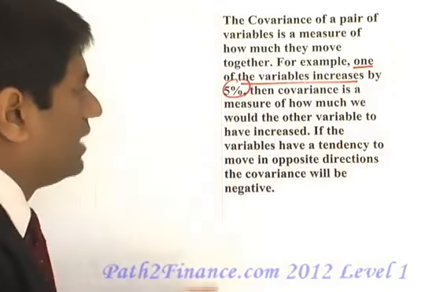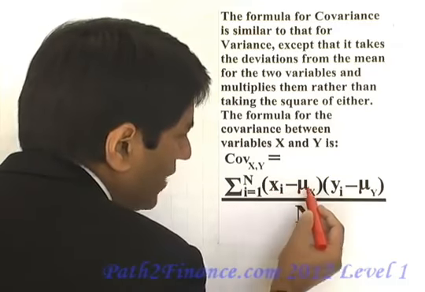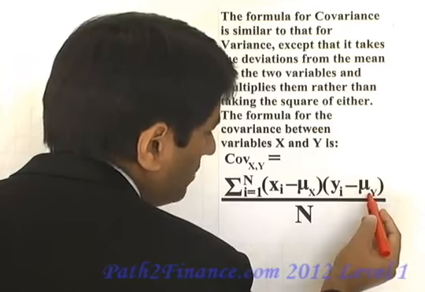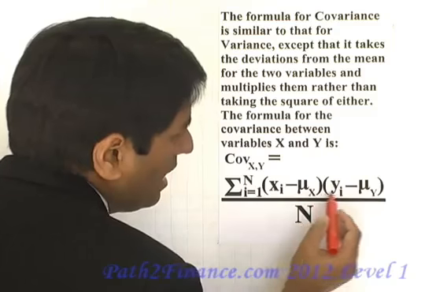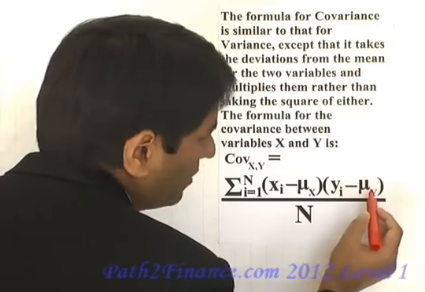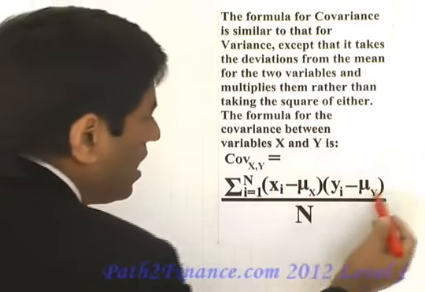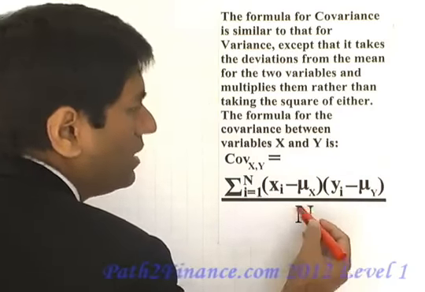The formula for covariance is similar to the formula for variance, but instead of having the square deviations from the mean, we have the deviation of the first variable from the mean multiplied by the deviation of the second variable from the mean. So the first variable x from the mean of x multiplied by the second variable y from the mean of y, and we sum this for all the data points and then divide by the size.